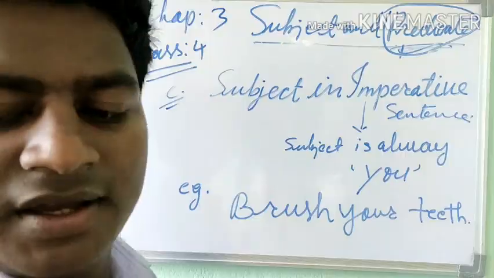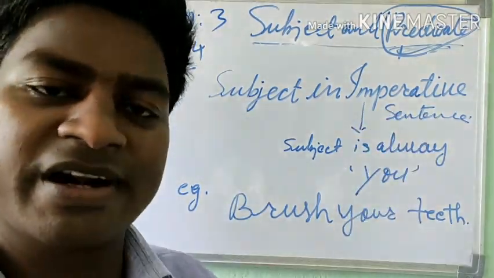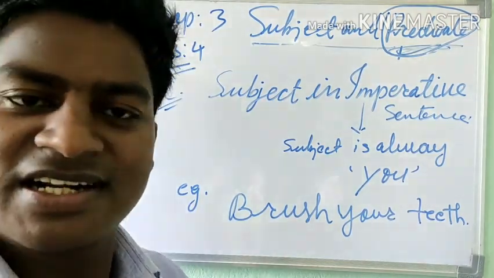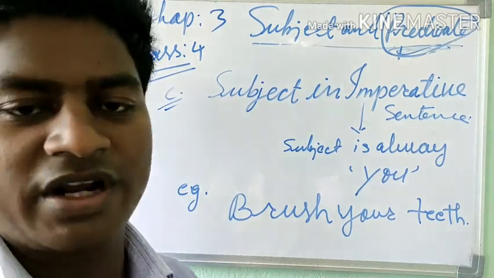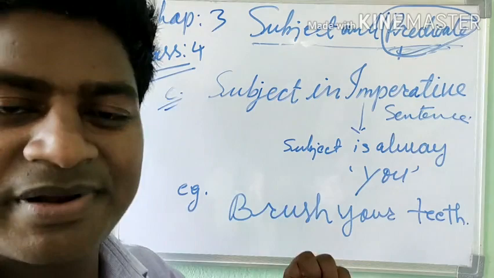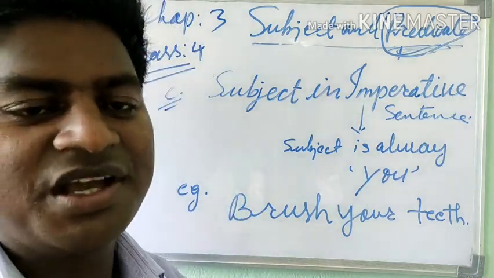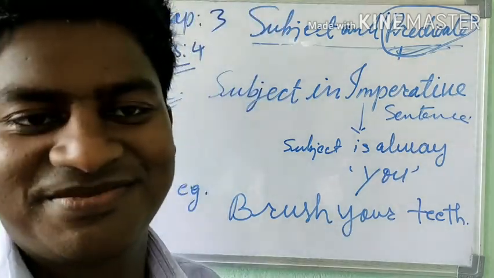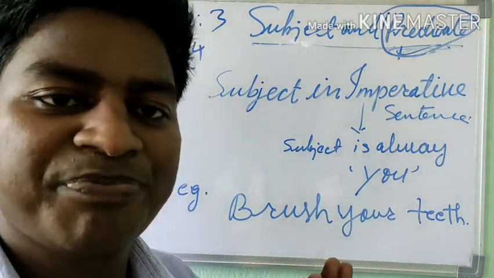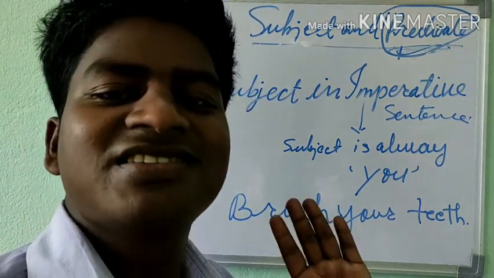Okay, clear? In number C, we have subject in imperative sentence. What does it mean? The sentences we have studied are of four kinds. Among the four, we have one imperative sentence. So in the imperative sentence, how can we find out the subject?